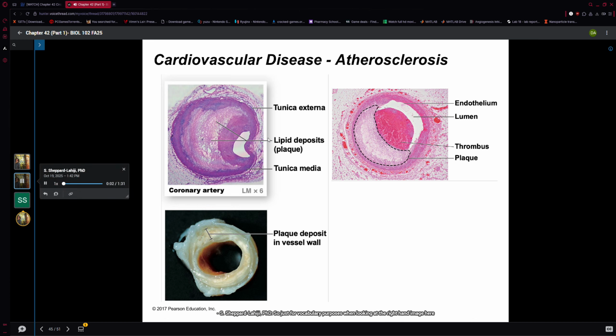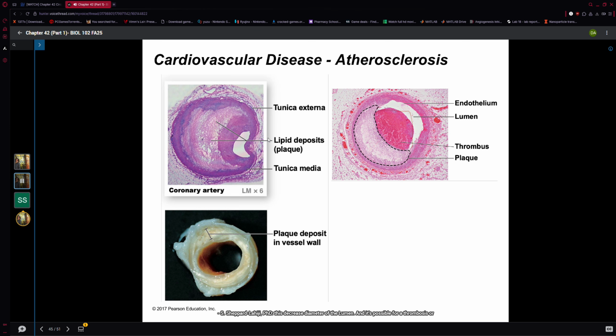So just for vocabulary purposes, when looking at the right-hand image here, we can see a blood vessel that has plaque formation building up where the dashed line is. Then we also have something here that is called a thrombus. And a thrombus is essentially a blood clot, and that is adding on to this decreased diameter of the lumen.